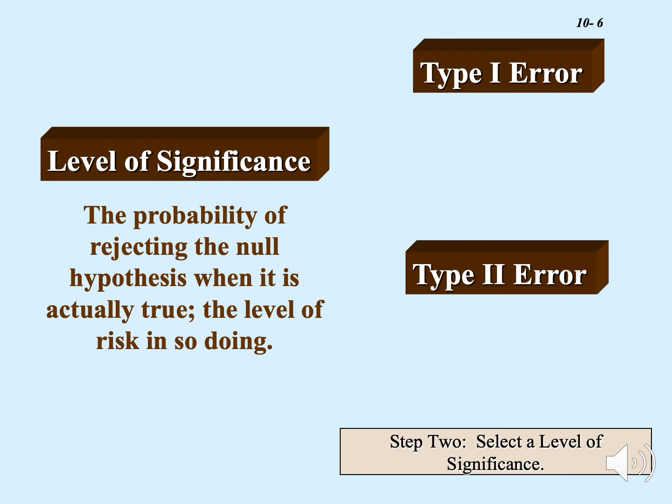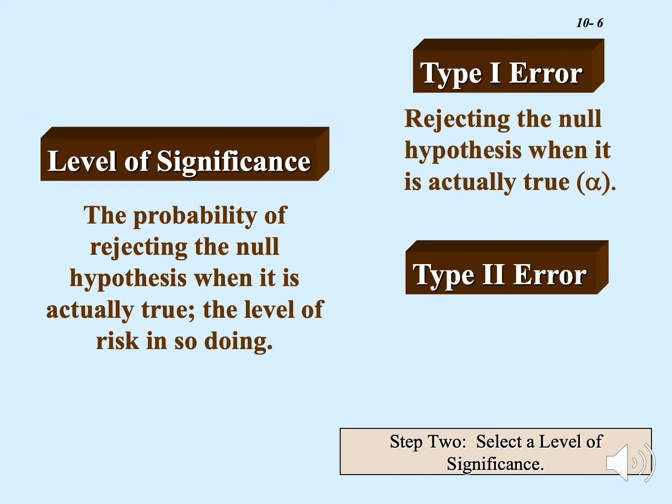That level of significance is the probability of rejecting the null hypothesis when it is actually true, or the other way of saying it, the level of risk in so doing. Because there are types of error associated with the level of significance, the type 1 and the type 2 error. The type 1 error is the probability of rejecting the null hypothesis when actually it is true.